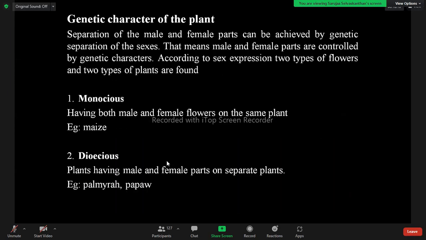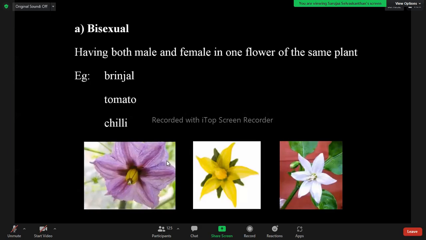Monoecious means on the same plant, both female and male flowers are there. In a dioecious plant, the male and female flowers are on separate plants. A bisexual flower has both male and female organs in one flower of the same plant.